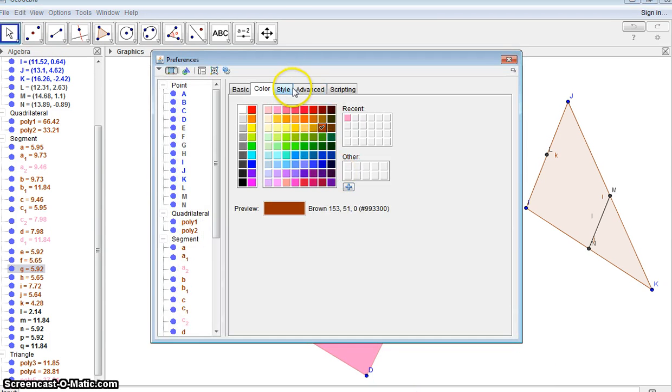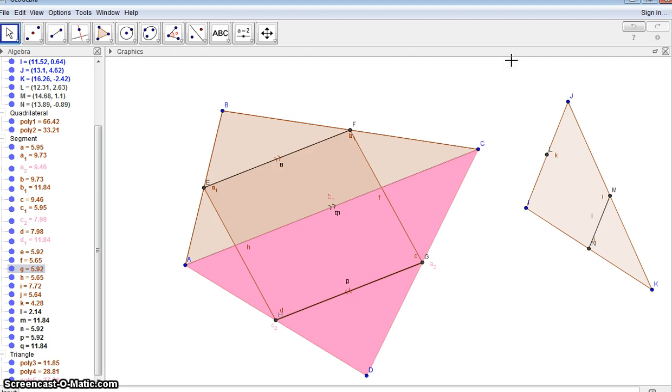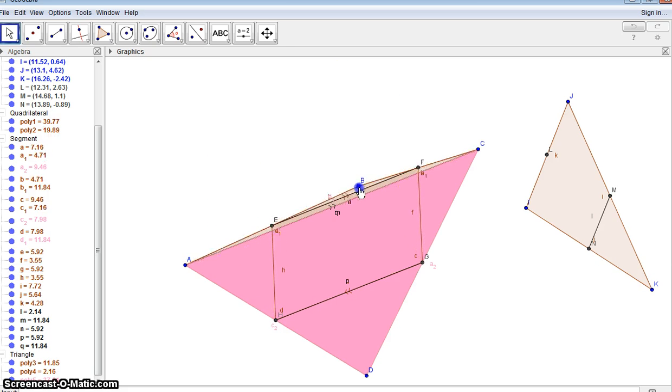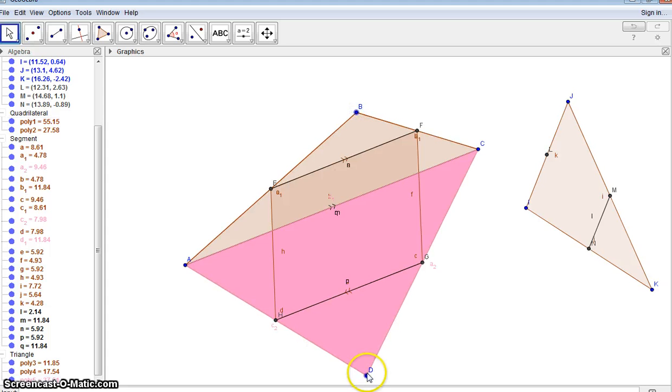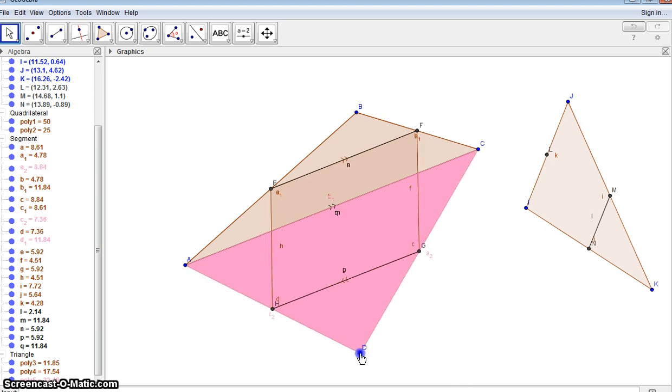Properties. I think it's under style. I think I used the 2 flags. Okay, and even if I move these vertices around, the properties of parallelness will stay the same. Even if I collapse the vertices right on top of that segment.